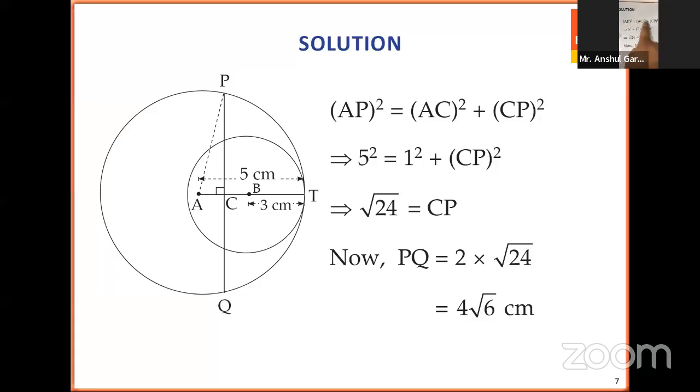What is AP? 5. What is CP? We have to find out. What is AC? 1. So हमने सबकी value डाल दी. We have substituted the value of everything here. And we found CP as this much. So now twice of CP is PQ. That's it.